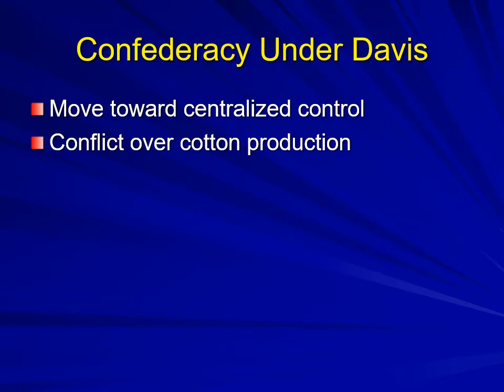This is keenly apparent in the conflict over cotton production. Davis wanted wealthy planters, slaveholders in the Confederacy to stop growing cotton and grow food, because, as we'll talk about in this lecture, food is increasingly scarce in the South.